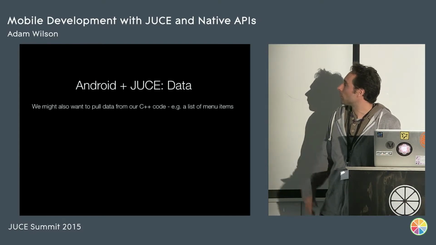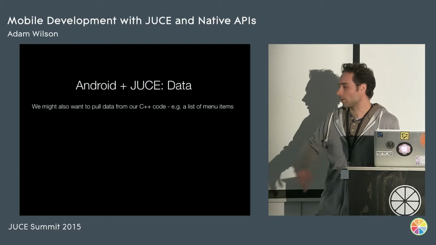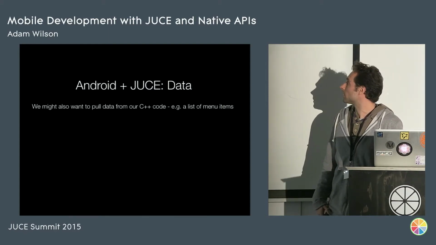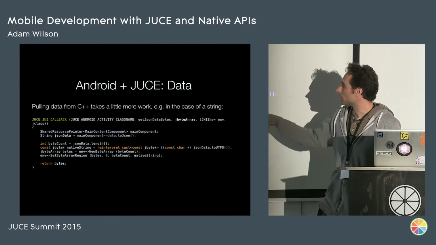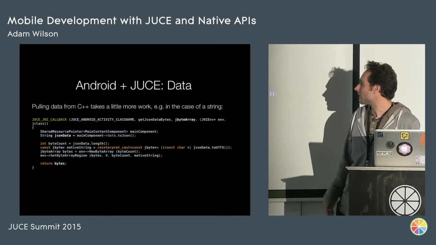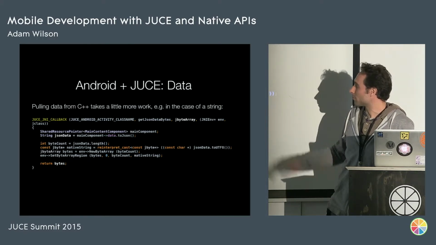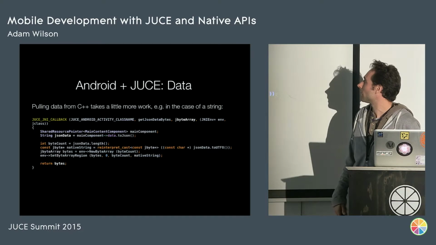Pulling data from C++, as in calling functions in your C++ code to pull into your user interface, is a little bit more work because you have to do a bit of jiggery pokery, using bytes and converting them to strings and things like that. There's some code. I'm not going to go into this, but there's example code on GitHub you can have a look at.